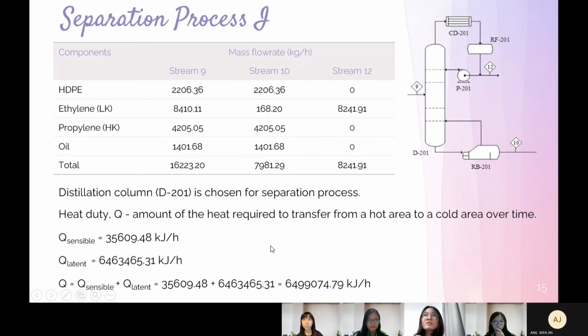First, we find the sensible and latent heat, and then the sum is the heat duty, which is 6499074.79 kilojoules per hour.